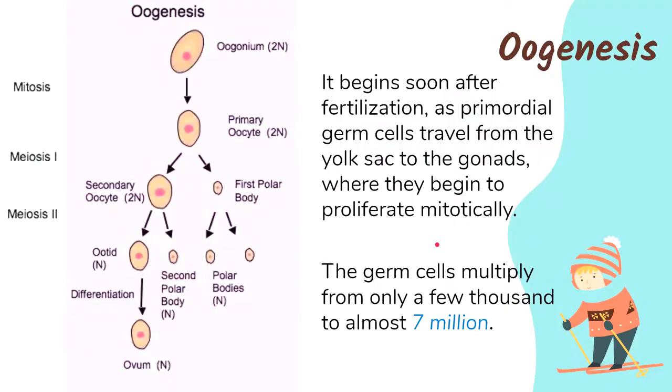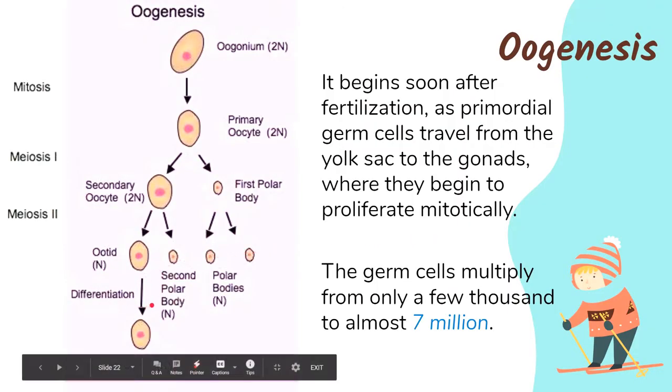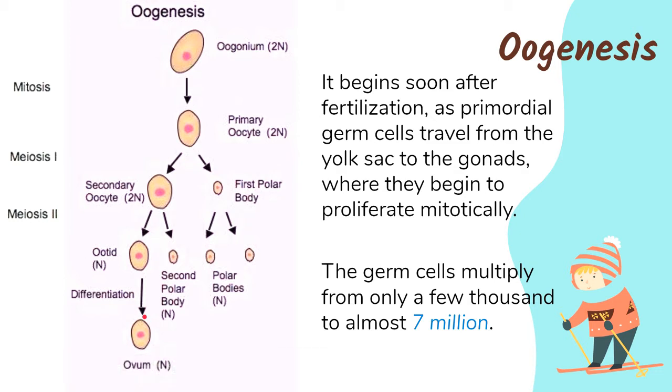Another thing to note: should fertilization occur, only then will the ootid eventually develop into a mature fertilized egg cell.